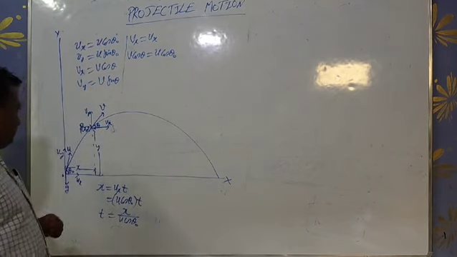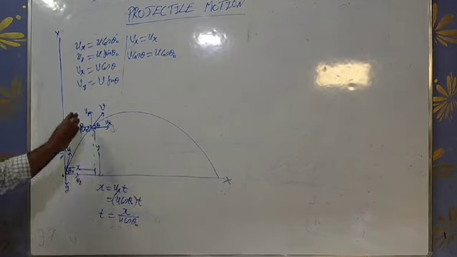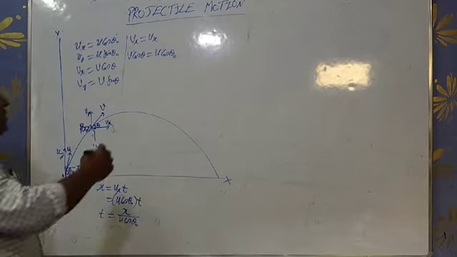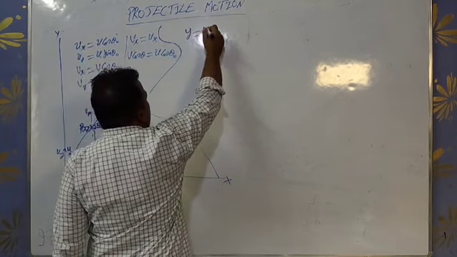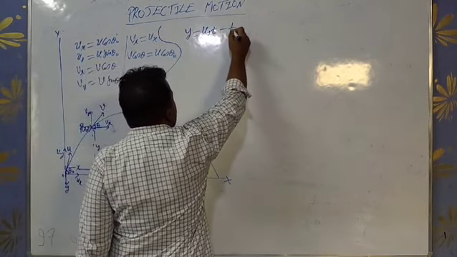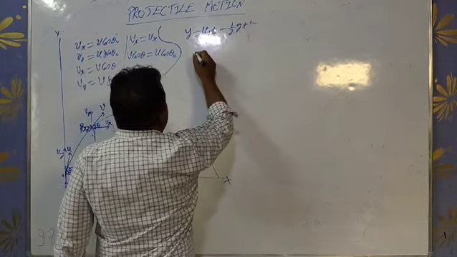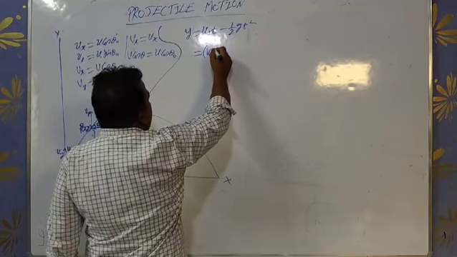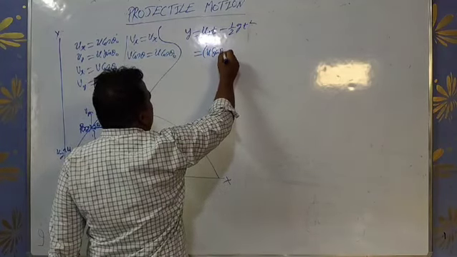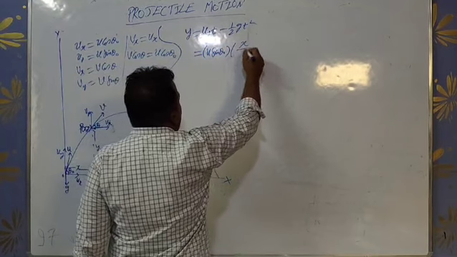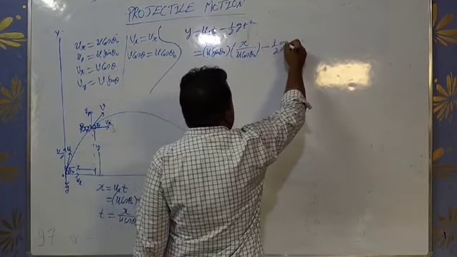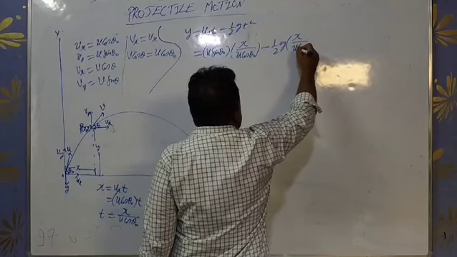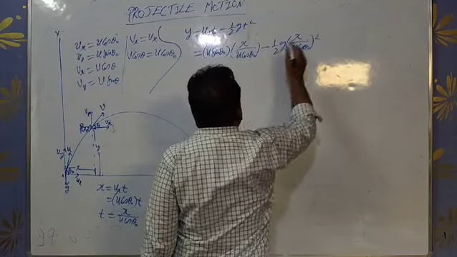Now, what about y? For vertical displacement, we use the second equation of motion. So y equals uy t minus half g t square. So uy means u sin theta naught, t is x upon u cos theta naught, minus half g times x upon u cos theta naught, whole square.